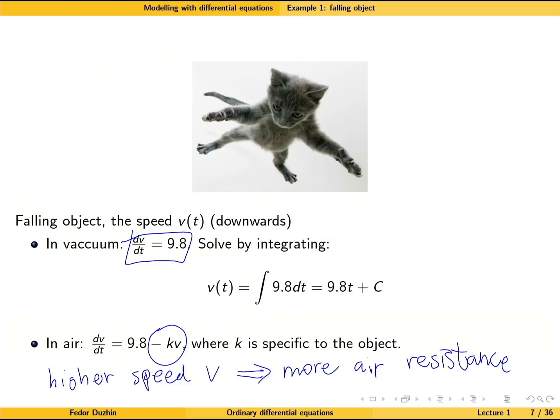As far as I know, for some processes this law is good, but for some other processes, instead, we would have dv/dt where the air resistance is proportional to the square of the speed. So then we would have 9.8 minus k v squared instead.